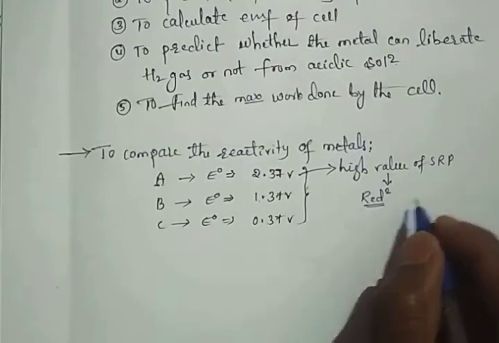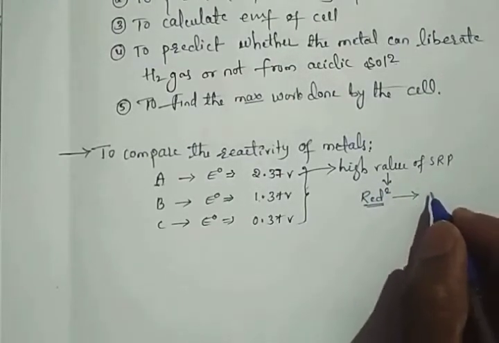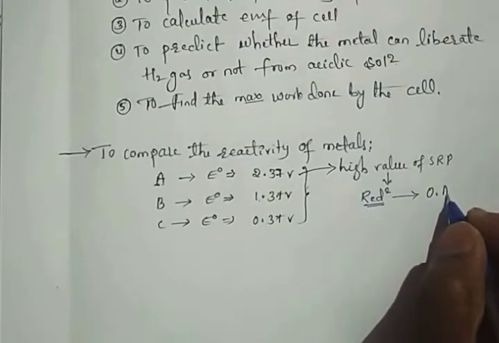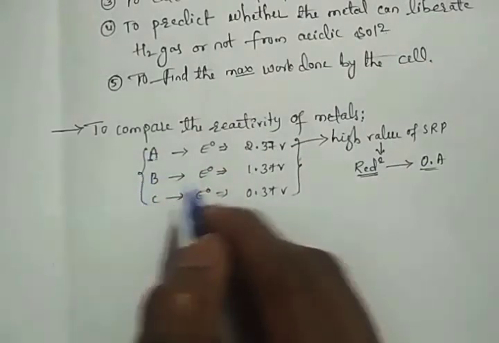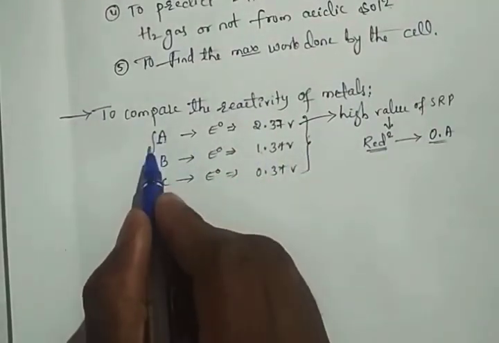The substance which undergoes reduction is known as the oxidizing agent. Among these three elements, A is a strong oxidizing agent.